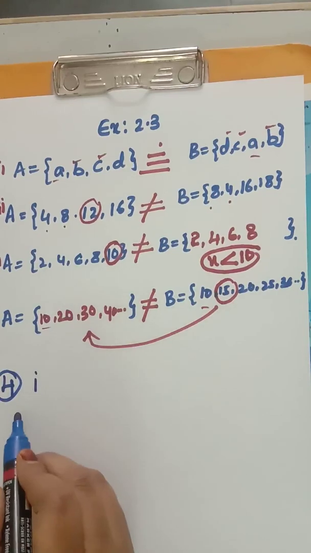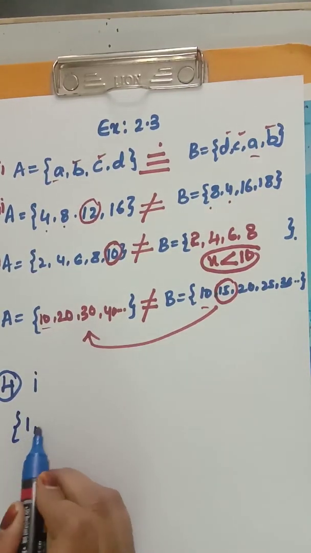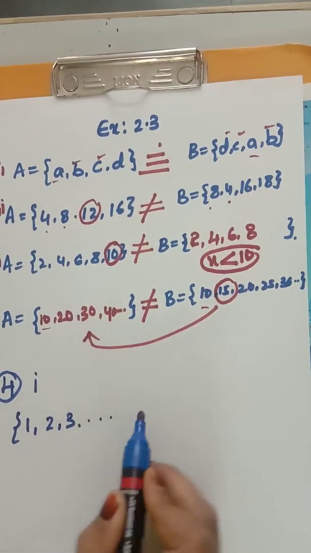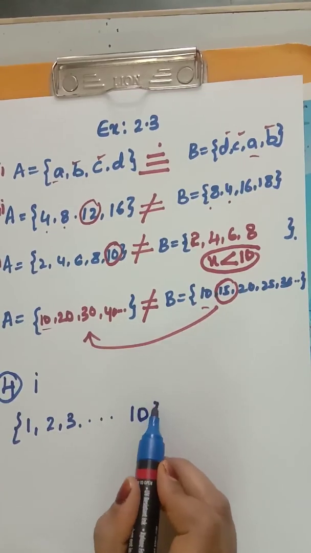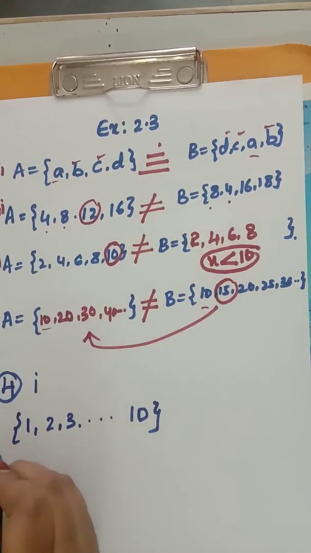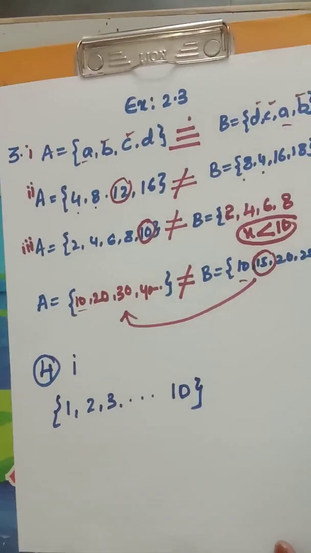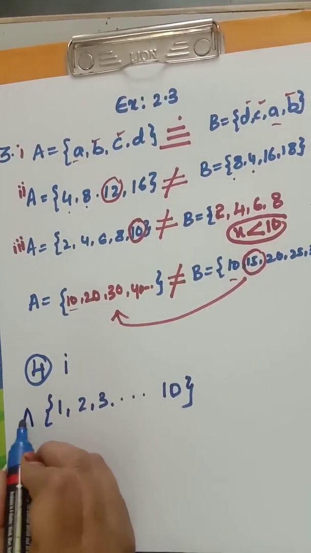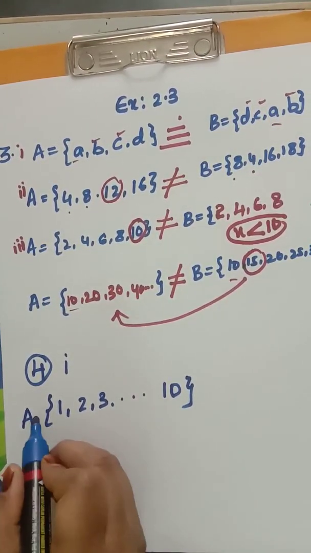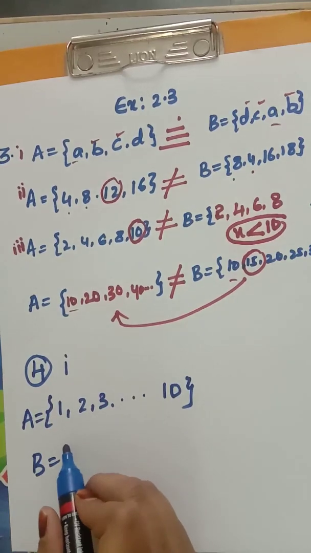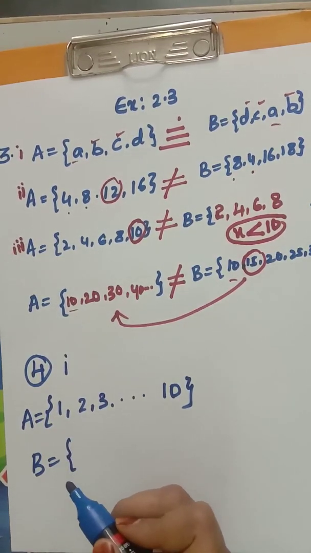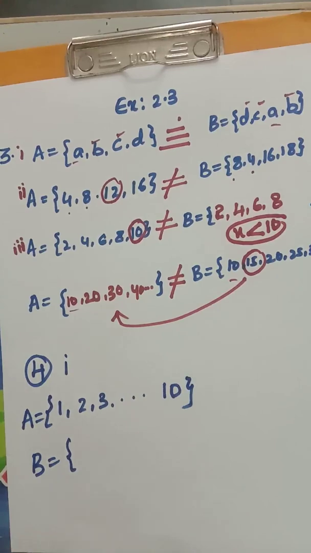First one, see, in the first set what is there? 1, 2, 3 and so on till 10. Let us name it as A. What is there in the second set? I am naming it B: x such that x belongs to natural numbers and 1 is less than x, less than 10.